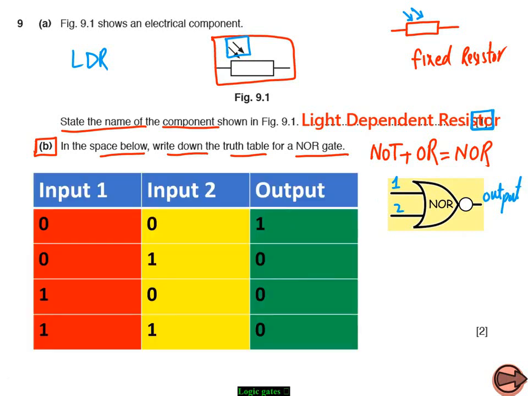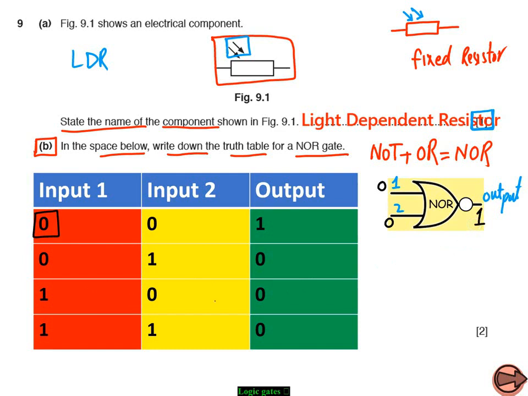As you can see here, I already drew this table for you. In this table, we can simply see that if one input is 0, let's say this input is 0 and this input is also 0, the output will be 1.